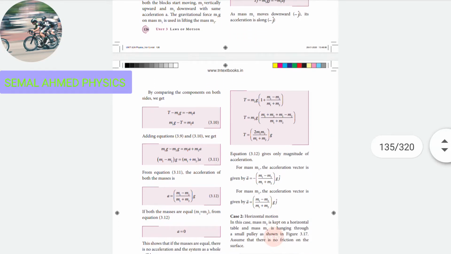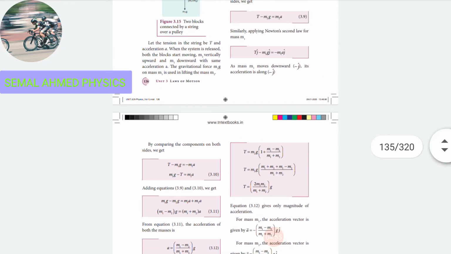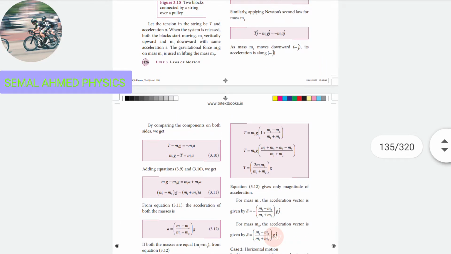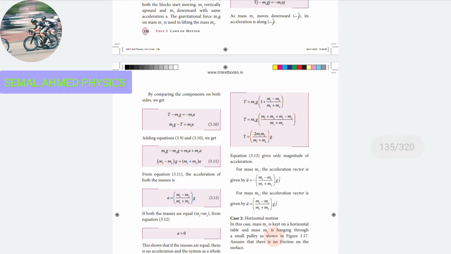Next, adding equation 1 and 2, we get m1g minus m2g equal to m1a plus m2a. Taking the constant g outside, m1 minus m2 into g is equal to m1 plus m2 into a.